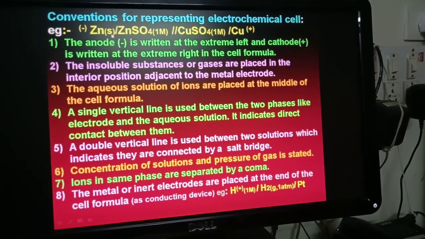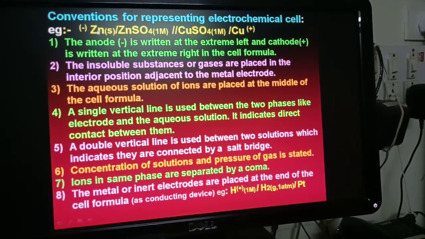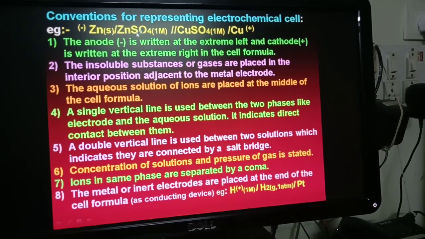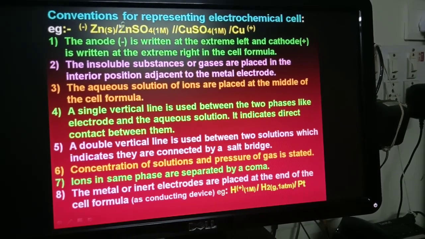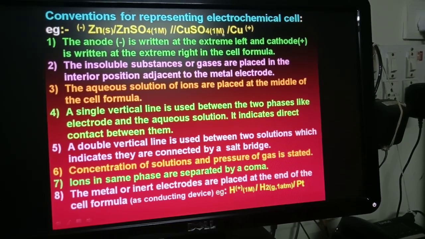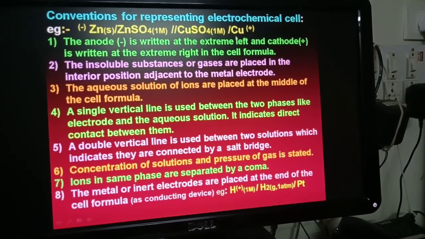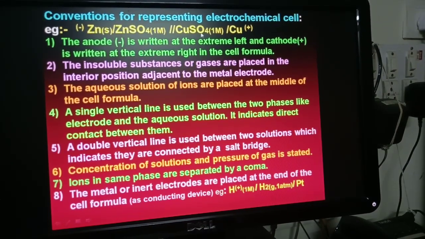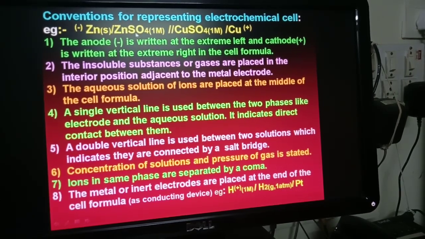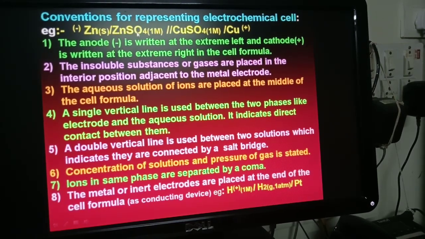We find a single vertical line is placed between an electrode and an electrolyte, which indicates direct contact between them. We also find the same on the right side. Here copper is in direct contact with CuSO4, whereas zinc rod is in direct contact with ZnSO4, which is the other electrolyte.